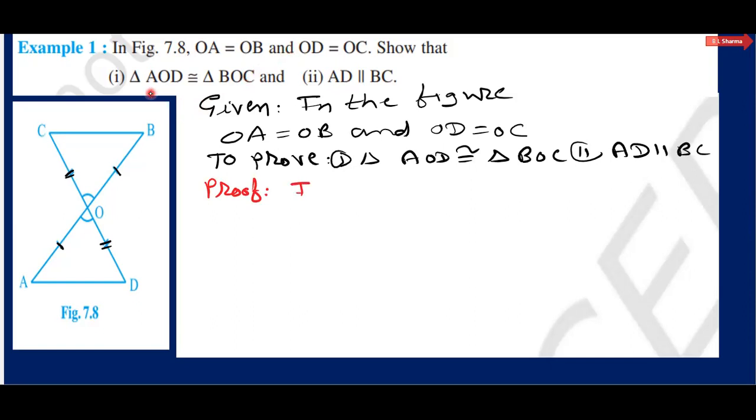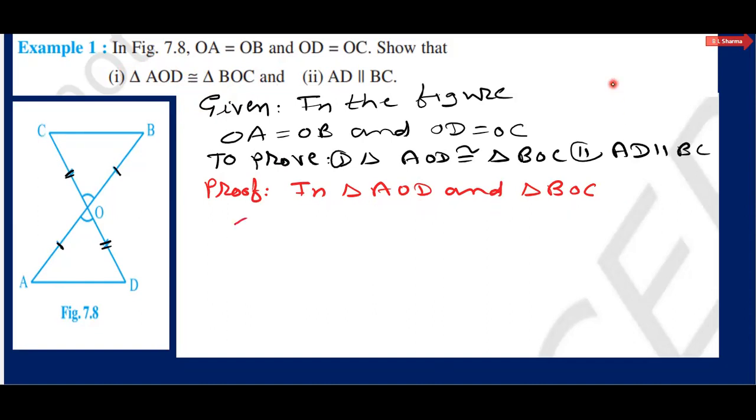So here I am writing: in triangle AOD and triangle BOC. See here, triangle AOD and triangle BOC.